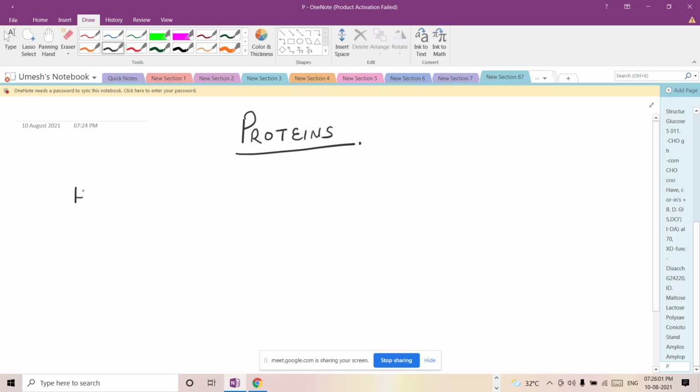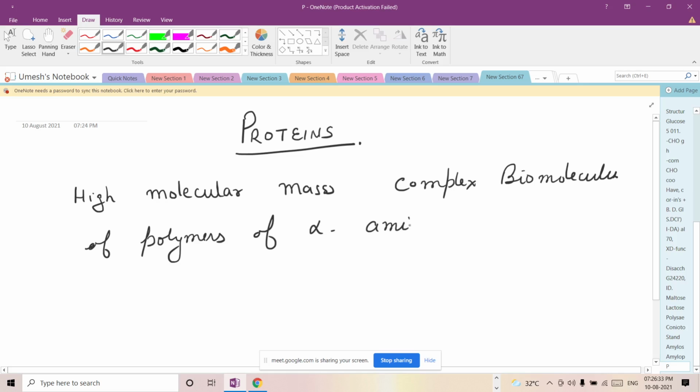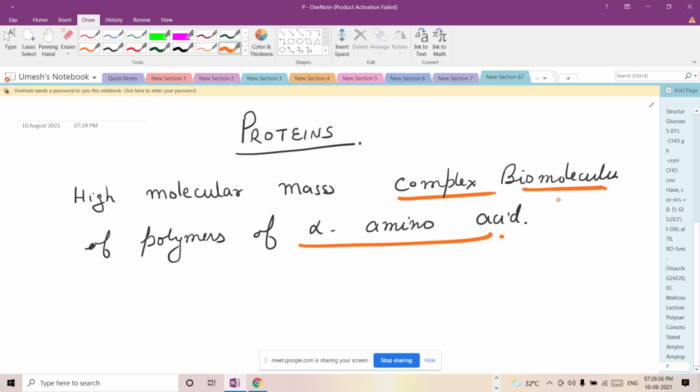Proteins are high molecular mass complex biomolecules, polymers of alpha amino acids. Right? Polymers of alpha amino acids.